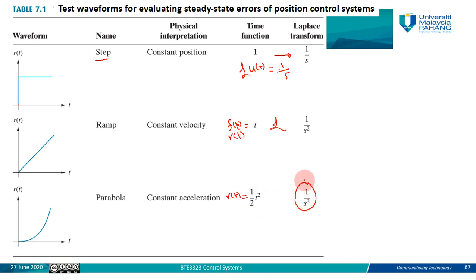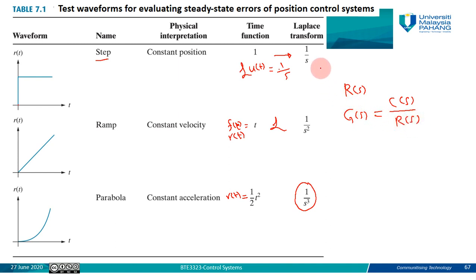When we apply this function on a control system, it represents the value of the input function R(s). We say the transfer function G(s) equals the output C(s) over the input R(s).